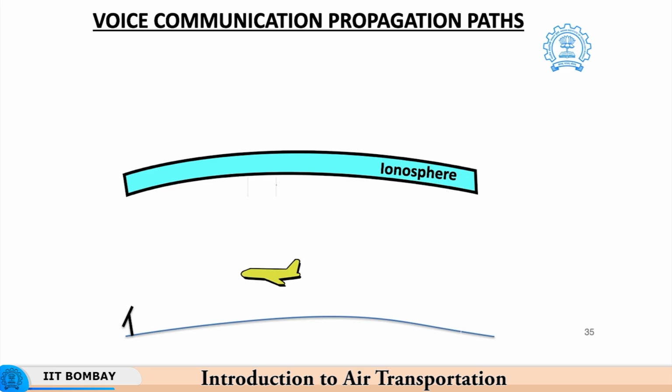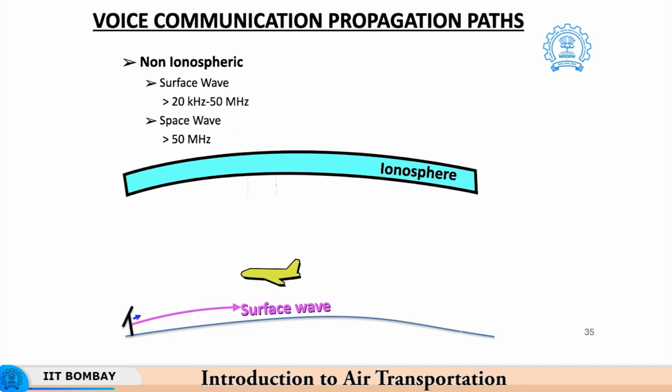So, there are various ways by which voice communication can happen. First is called the non-ionospheric path or non-ionospheric communication, which makes use of two types of waves. One is called the surface wave and the second one is called the space wave.